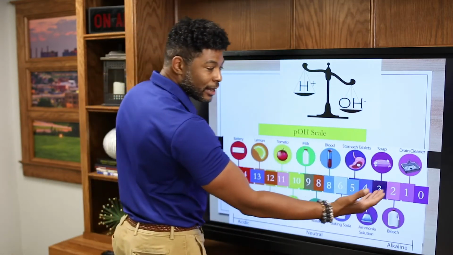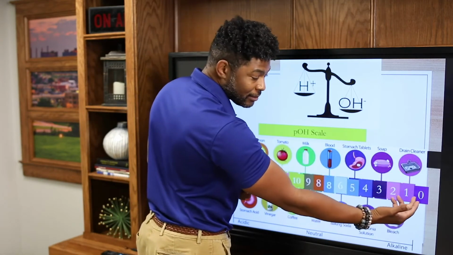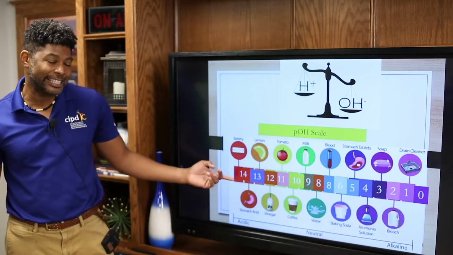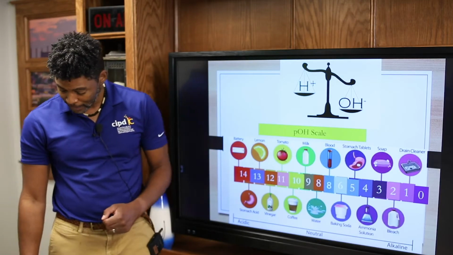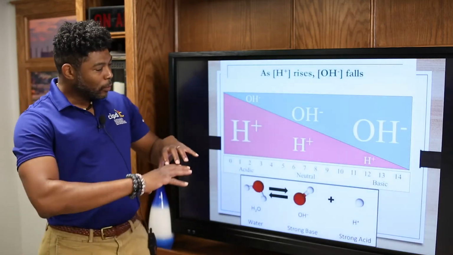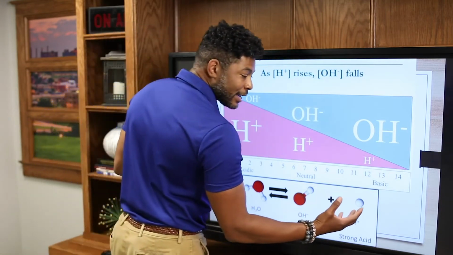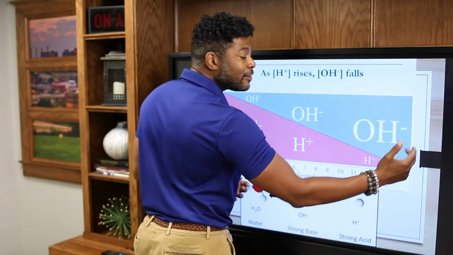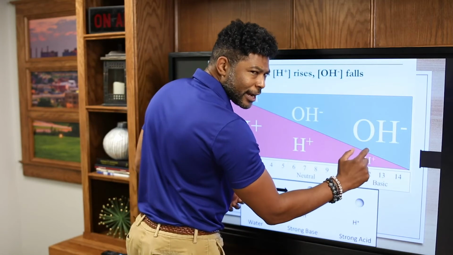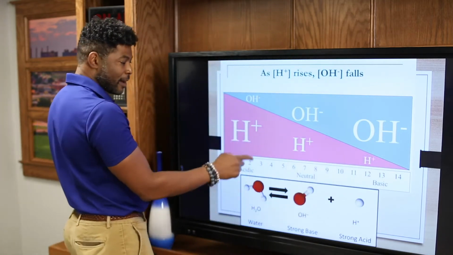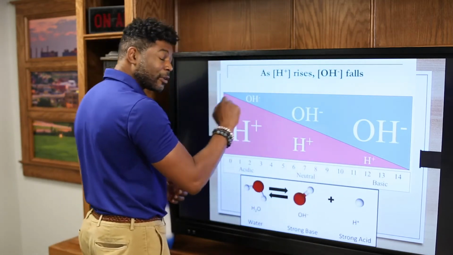So in that case, something that's a base would be 0, but something that is an acid would be 14. Okay? Now, when we're looking at this in its totality, what we're saying is if you're a base, you have a lot of OH minus, very little H plus. If you're an acid, you have a lot of H plus, but very little OH minus.